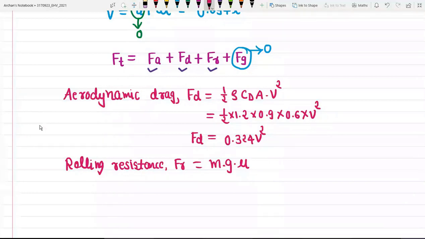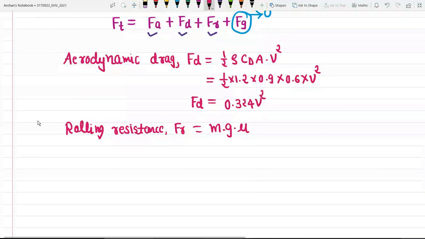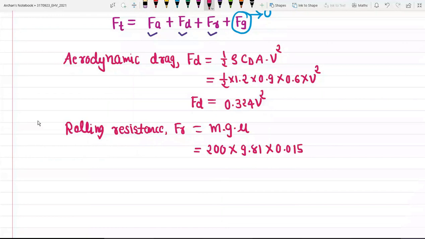So we generally ignore cos theta and our rolling resistance equation reduces to mg times mu, where m represents the weight of the vehicle in kg, g is the acceleration constant 9.81 meter per second square, and mu, the rolling resistance coefficient, is given to you as 0.015. So ultimately we have 29.4 Newton of rolling resistance. As we have discussed, rolling resistance and gradient resistance are independent of the velocity.